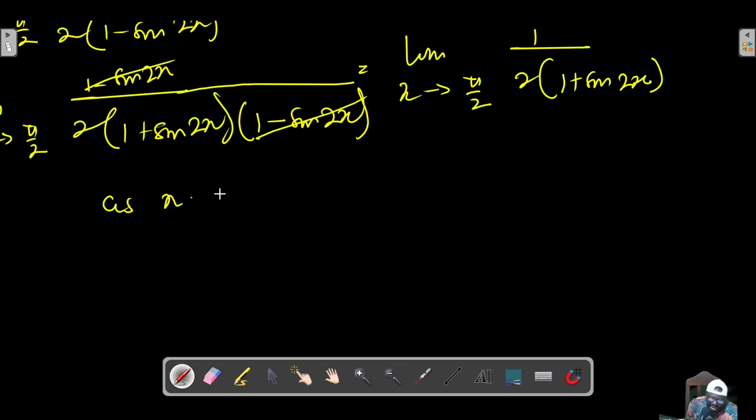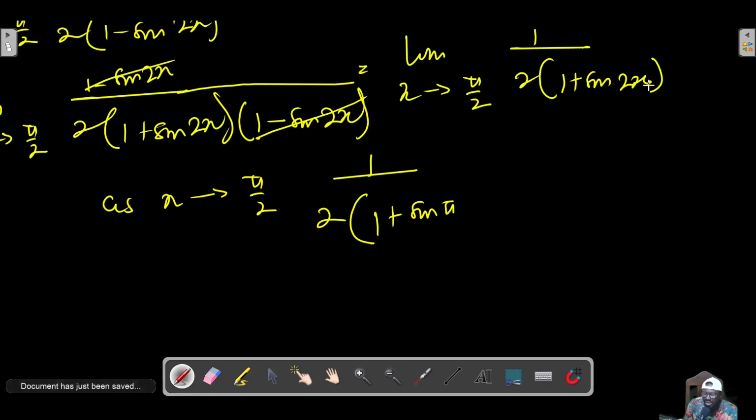So as x approaches pi on 2, what are we getting? We have 1 over 2 multiplying 1 plus sine pi, because when pi on 2 is substituted into the expression here, 2 cancels out the 2 on the denominator.